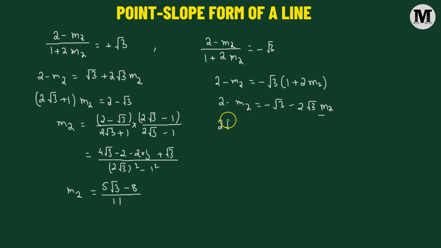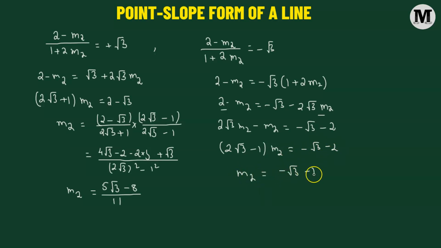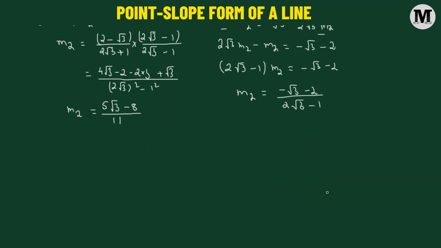So we have 2 times square root of 3 times m2 minus m2 equals, we're going to transpose 2 to the right hand side, negative square root of 3 minus 2. So that gives us 2 times square root of 3 minus 1 whole multiplied to m2 equals negative square root of 3 minus 2. So m2 comes out to be negative square root of 3 minus 2 divided by 2 times square root of 3 minus 1.